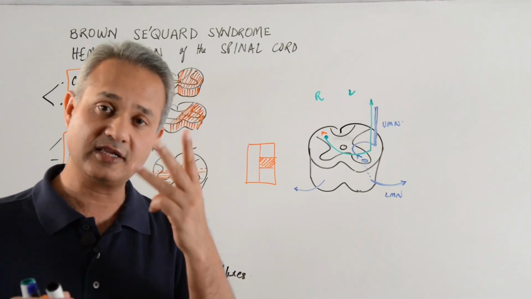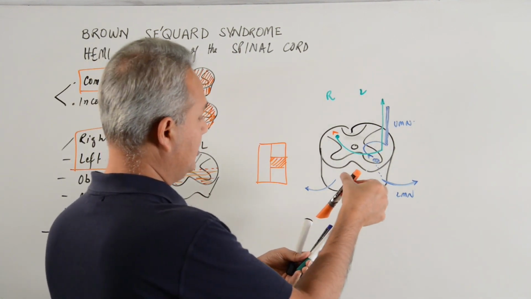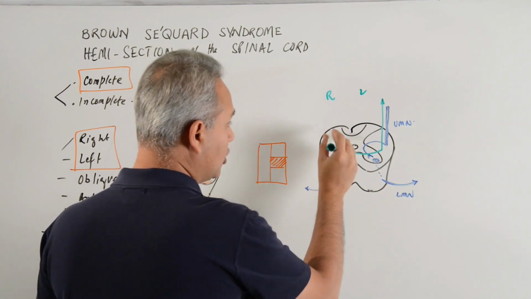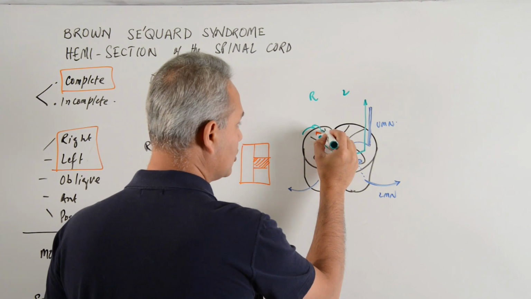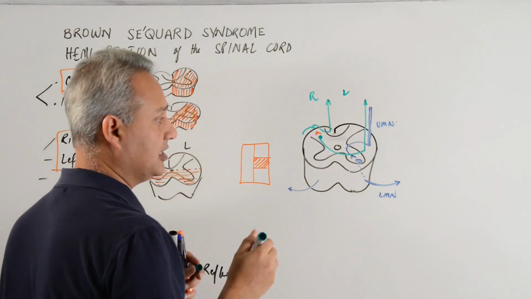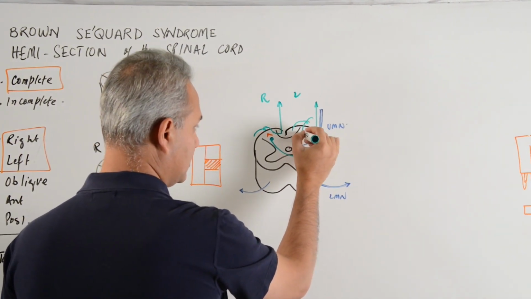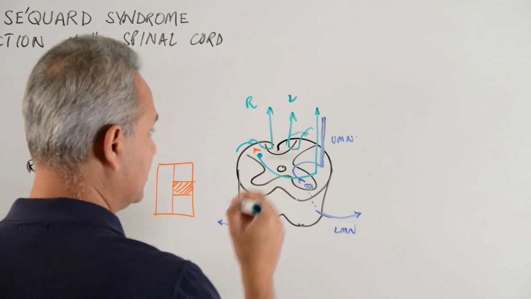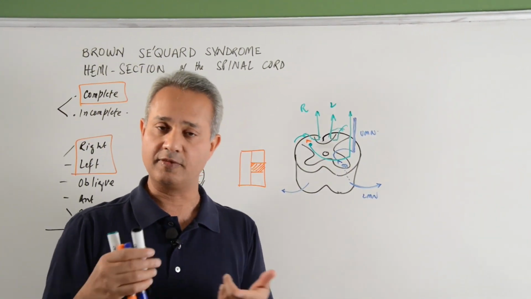However, the third thing to now remember, and let's make that in green as well. The dorsal column fibers, the fibers come in here and then they go to the dorsal column and then they ascend up on the same side ipsilaterally. So now what happens? The dorsal column is responsible for what?